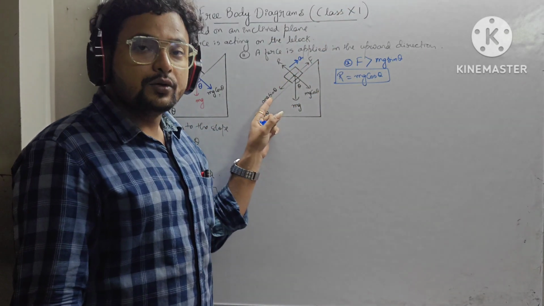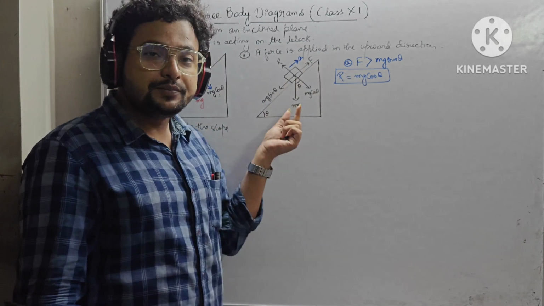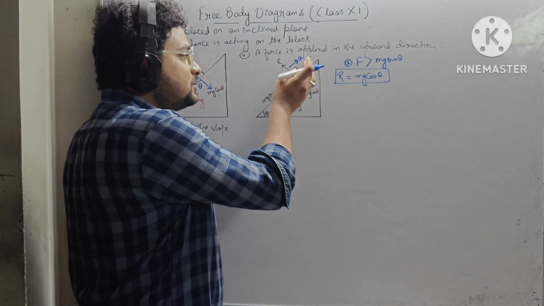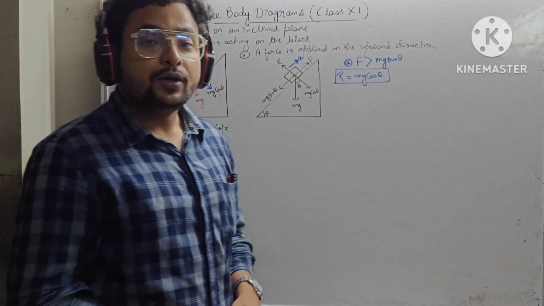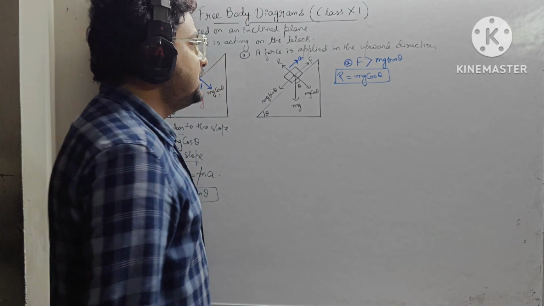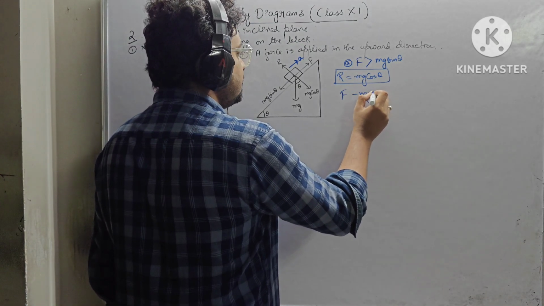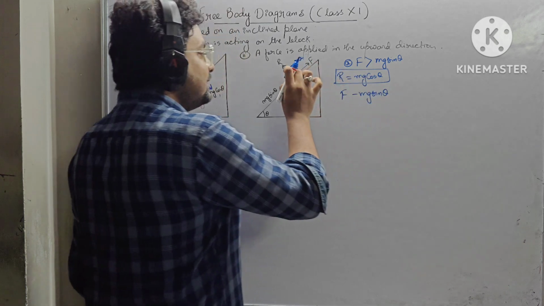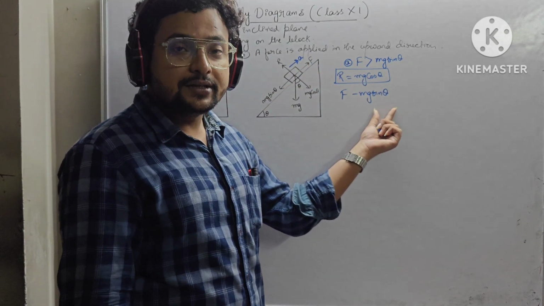F is greater. Why? Because the body is moving up. So F is acting in this direction, mg sin theta is acting in this direction. What is the resultant force? The resultant force acting on the body is F minus mg sin theta.